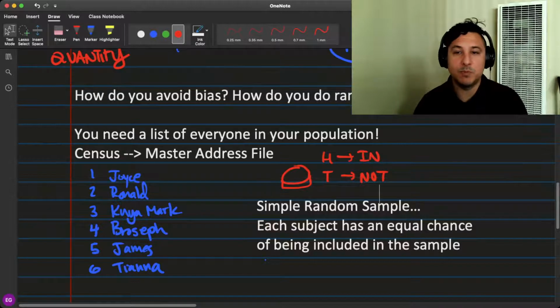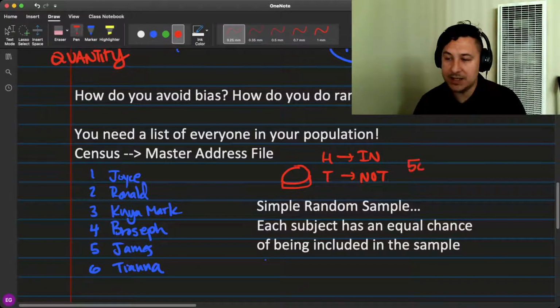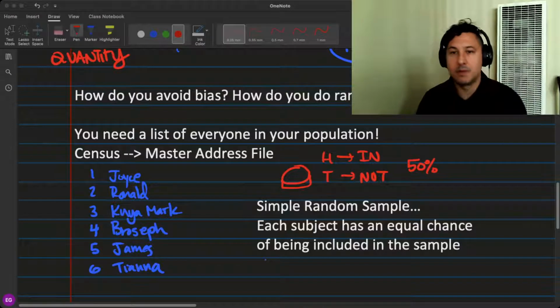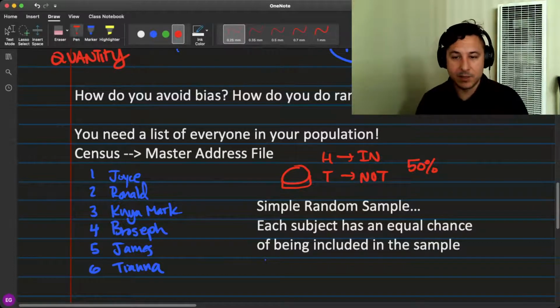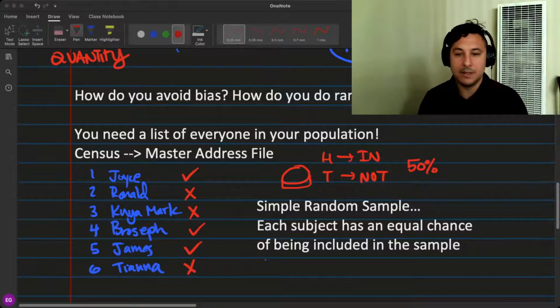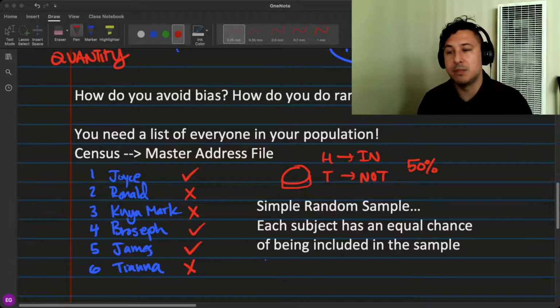Because each person has an equal 50% chance of being in the sample, that would be a simple random sample. So this is how simple random samples work. You have a big list of everybody, and the computer flips a coin, and it's like, this person is in, that person is out, that person is out, that person is in, that person is in, that person is out. And then those three people would be in your simple random sample.